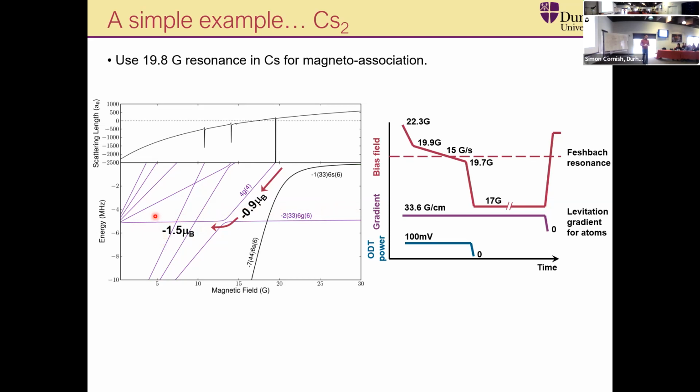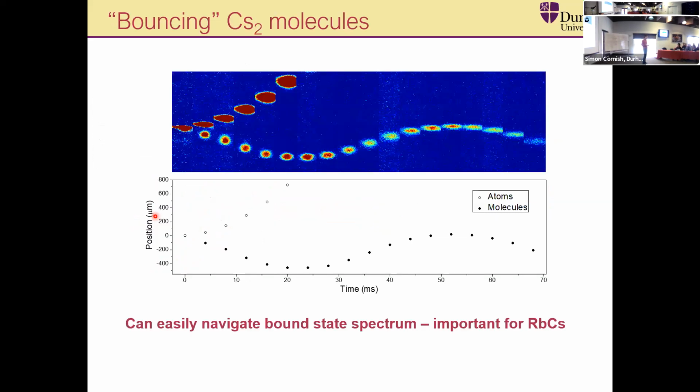No, it doesn't dissociate. Basically, I go across this avoided crossing and change the magnetic moment. So it bounces. The atoms are over-levitated. The molecule falls initially, reaches this avoided crossing, follows it, and changes its magnetic moment.